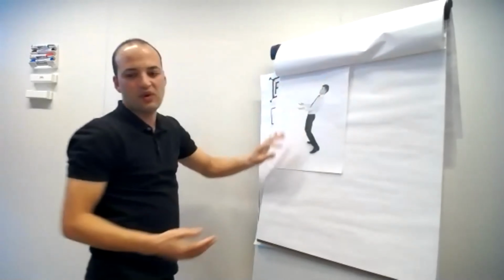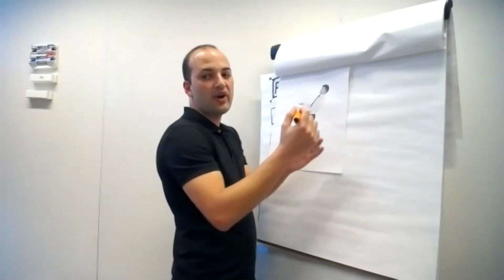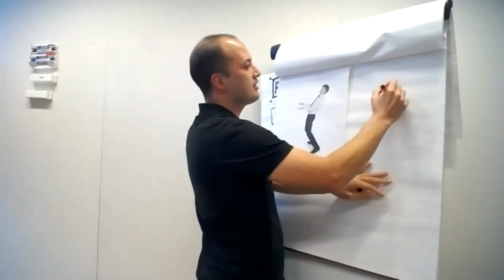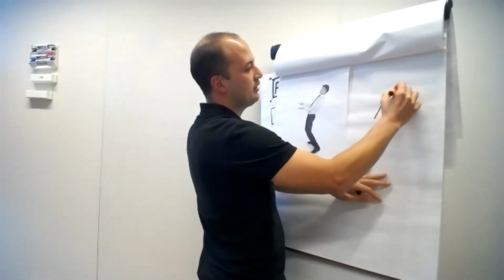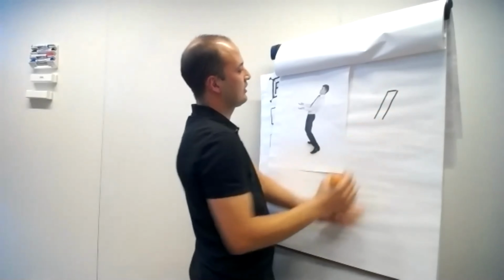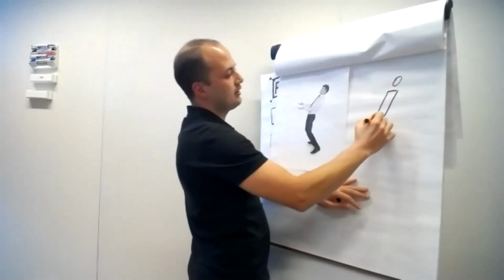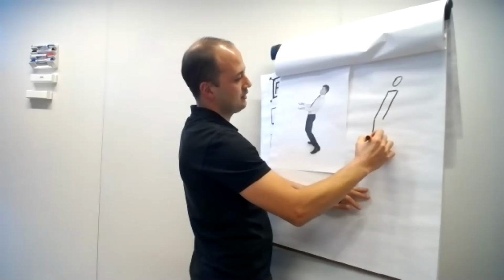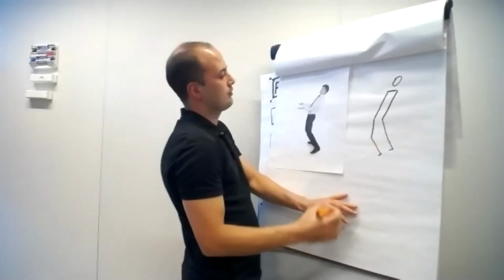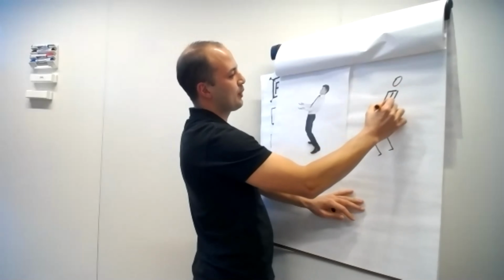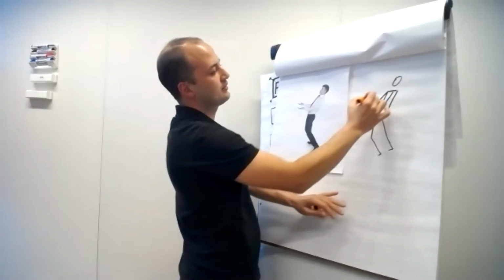So in that case, the person is a little bit on the sides, so the body is not that large. You draw a body a little bit thinner. The head is also leaning, and then the legs, something like that, and the arms, something like that.